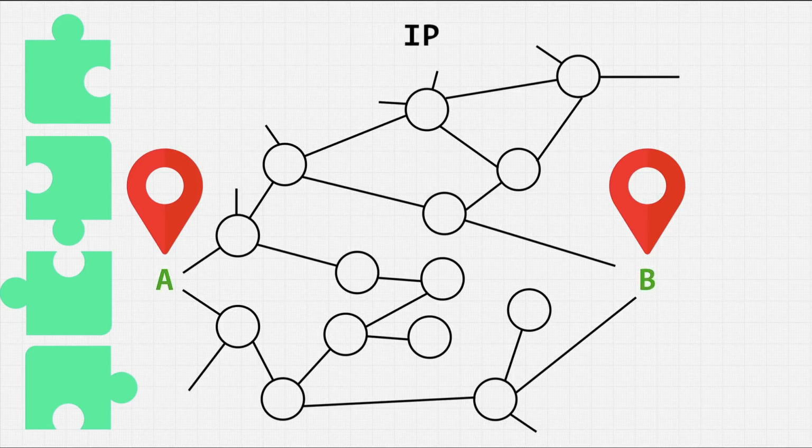Now, IP, the Internet Protocol, as we mentioned, has to do with addresses. It has to do with knowing the location, the destination of where we're trying to send. So if we're trying to send our message from A to B, the IP address tells us the address of where we're trying to go. So we know where B is through IP.